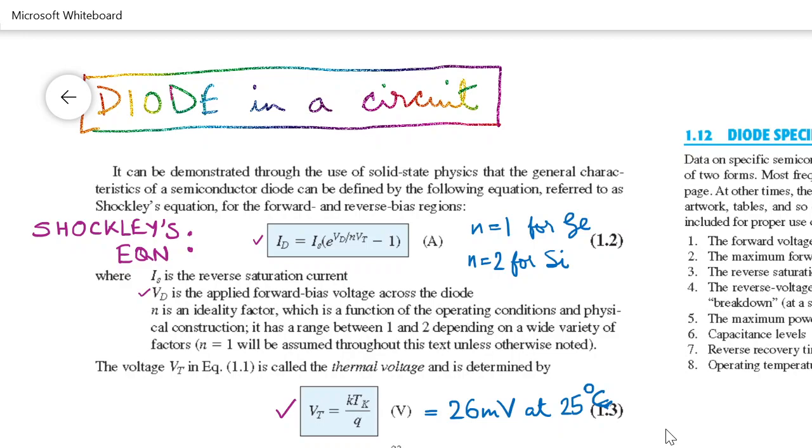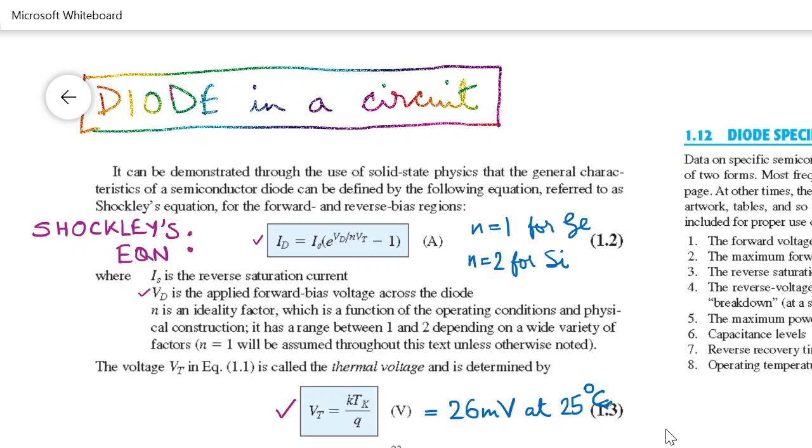We remember q, and T is the temperature in Kelvin, so you can calculate it, but you can directly remember that at 25 degrees centigrade it is 26 millivolt. For other temperatures you can use a ratio to find VT. It is a very direct relationship with the temperature.